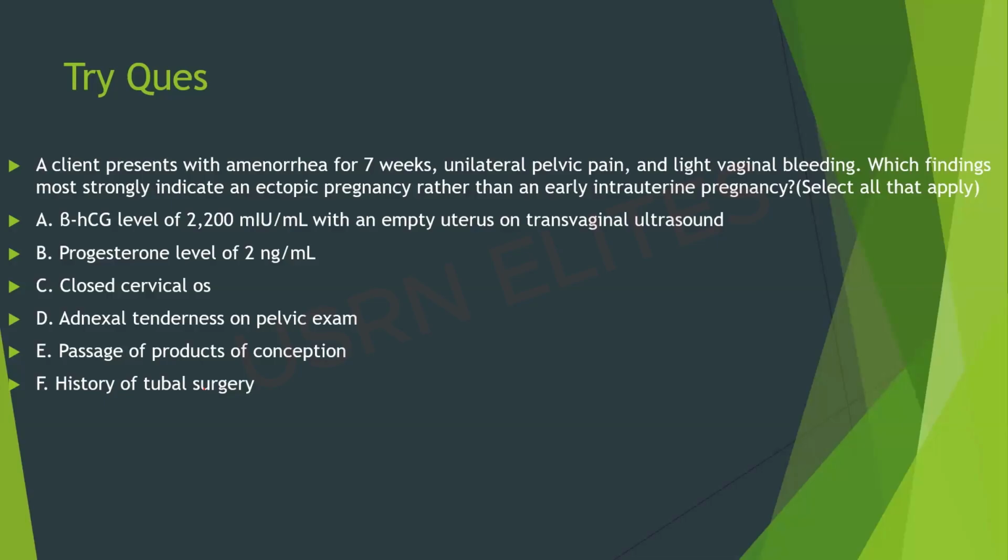Yes, I think D is part. Do you know adnexal tenderness on pelvic exam? Who has done this? If you've gone for an ultrasound before and they tell you that you are having adnexal tenderness, have you experienced that before? Who has experienced that before, or seen a colleague experience that before?